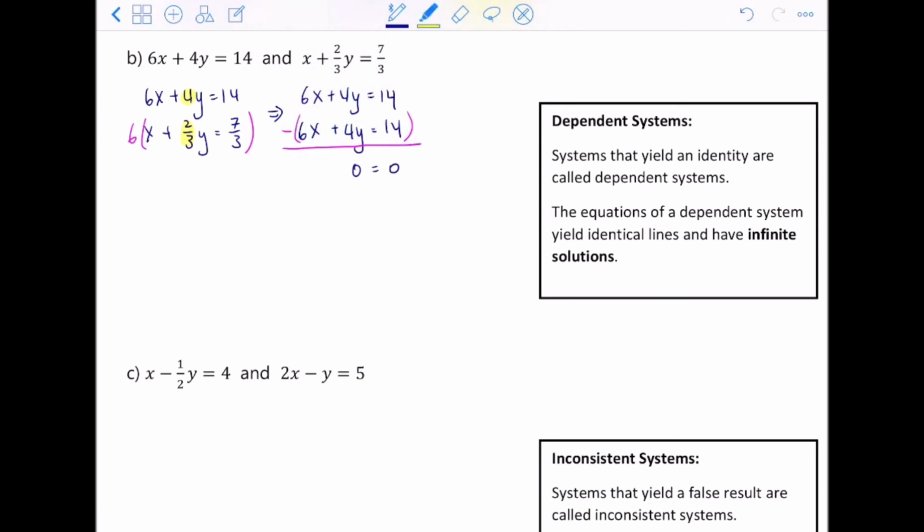All right, so when you get an identity, like 1 equals 1 or 0 equals 0, the statement's always true. So that means this system is called a dependent system. This happens when there are infinitely many solutions. So you can just state there are infinite solutions for the solution set.